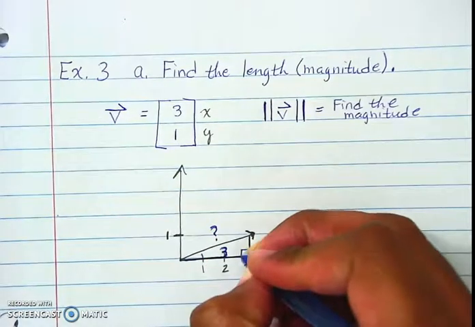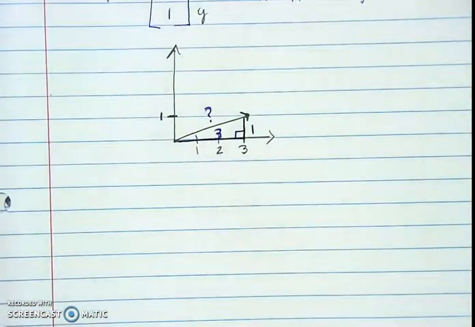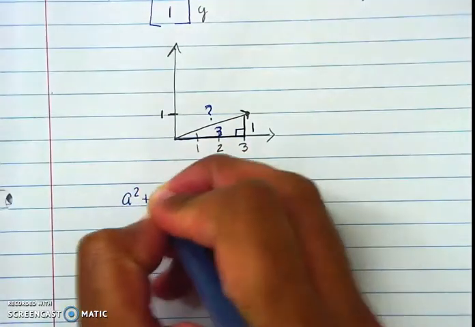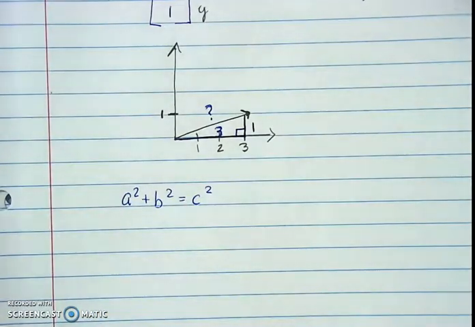Now we know it's a right angle, so we should know something that we talked about before of how to find a missing side when we have two sides of a right triangle. So does anybody remember what that is? Crickets, crickets, crickets. Right, Pythagorean theorem. So we have a squared plus b squared equals c squared. So right triangles, Pythagorean theorem.